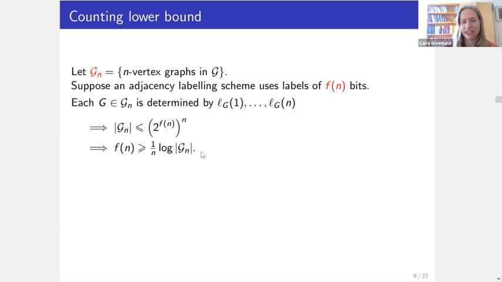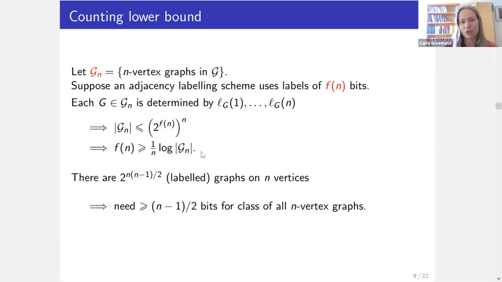This is already very interesting for the class of all labeled graphs. We have n choose 2 possible edges, so there are 2 to the power n choose 2 possible labeled graphs. If we fill in this bound, we take the log and then cross out this n. We see that we need at least (n minus 1) over 2 bits for any adjacency labeling scheme for the class of all n-vertex graphs.